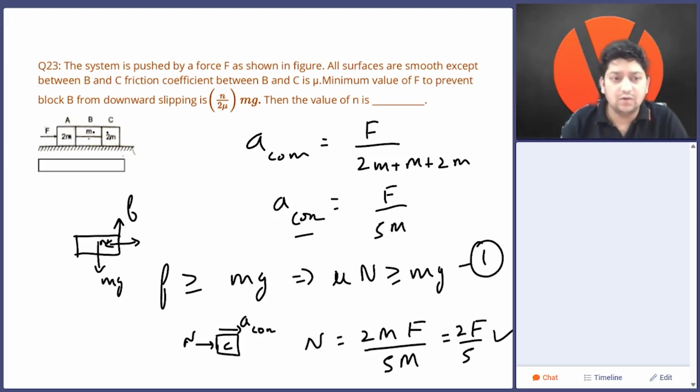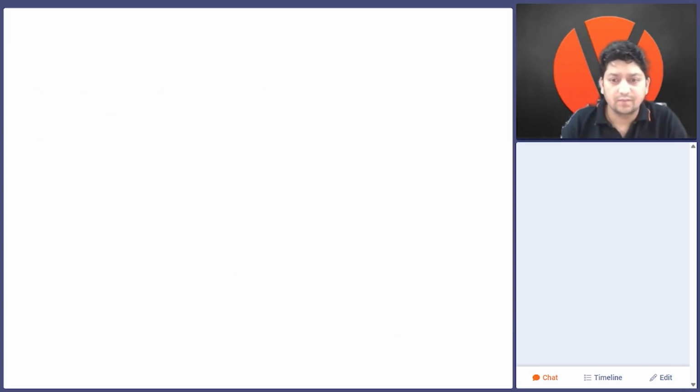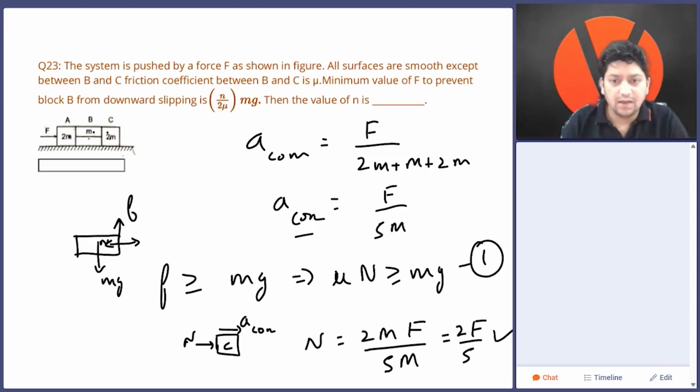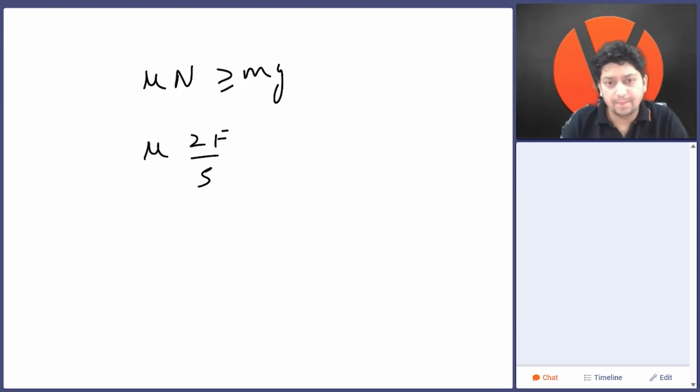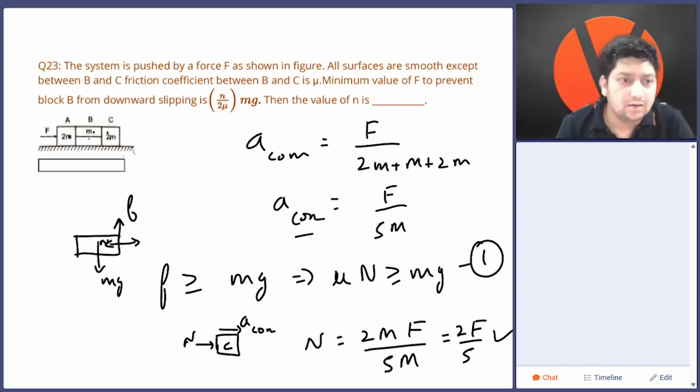Now using equation 1, which is mu N greater than or equal to mg, the value of N is 2F by 5. The value of n we need to figure out.